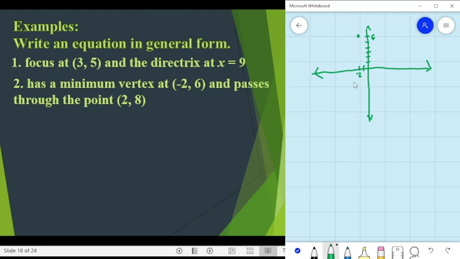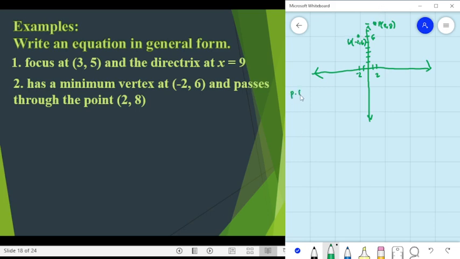And then it passes through 2, 8, so your 8 is here, and the point 2, 8 is there. Your vertex coordinates is negative 2, 6, but it is the minimum, so that is the possible opening of the parabola.